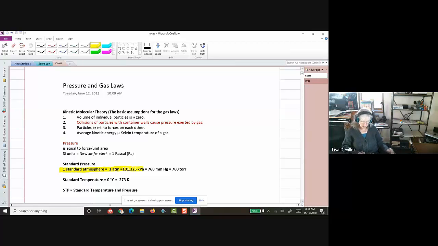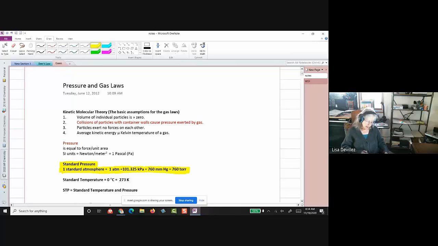Another one we'll work with is millimeters of mercury, or torr. All of those are just different units of pressure, and this relates them one to the other. If you have to convert between units of pressure, this would be the relationship you would use to convert from one unit to the other.